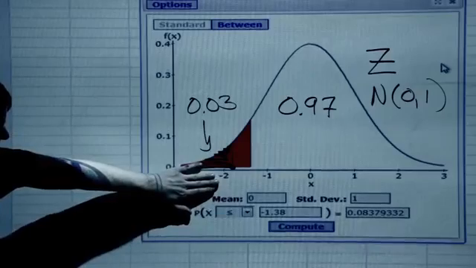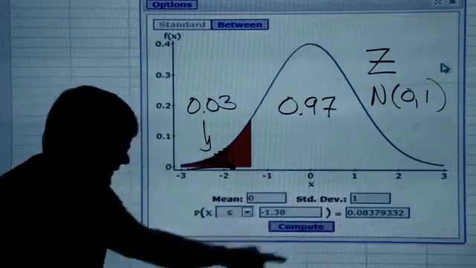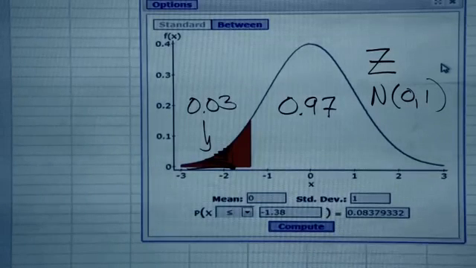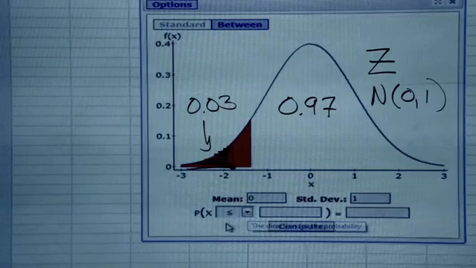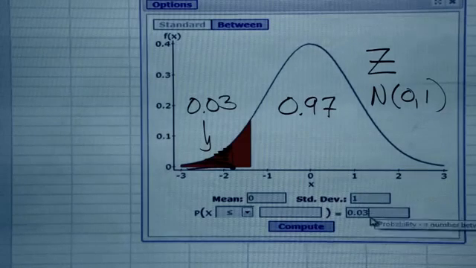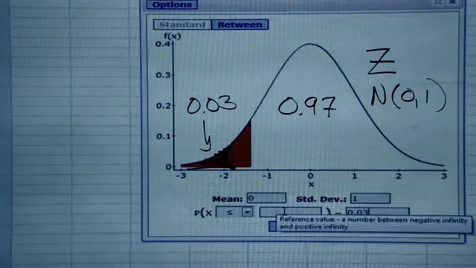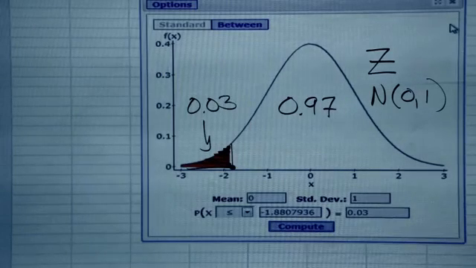We're asking for 2 things here. That's the z-score. What I can do, I'll leave the mean at 0. I'll leave the standard deviation at 1. And we're solving. StatCrunch doesn't know we're working with z, so it still says x less than. In the box here, I put equals 0.03, and I'm looking for the value that puts 3% in the left tail. Okay, not too shabby.